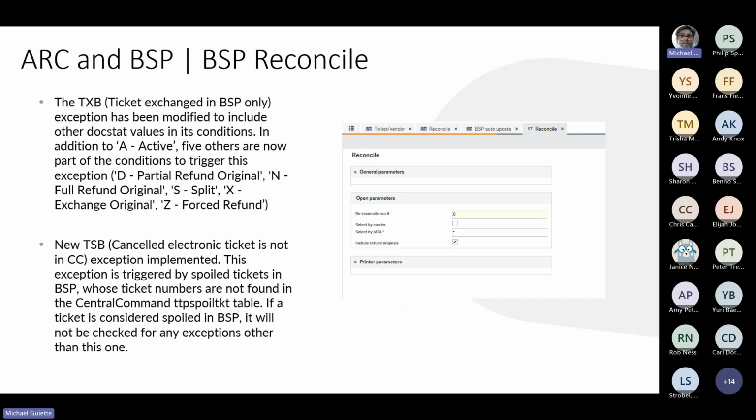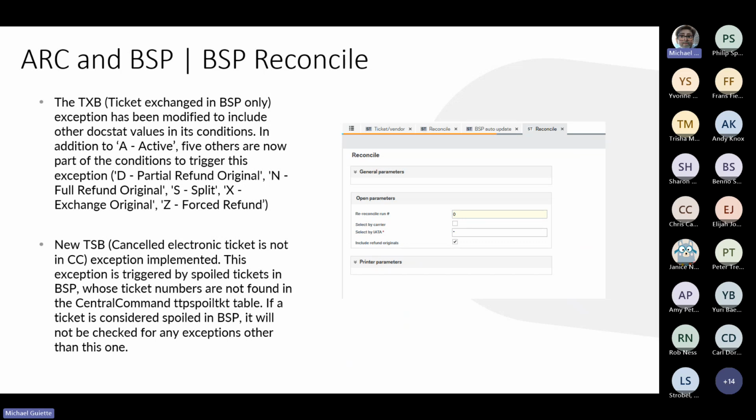So when you had the original ticket, the new ticket, and the exchange, the problem is that if the BSP ticket was exchanged in the same week, the reconciliation process was only looking for BSP tickets with a status of active to reconcile that original ticket to the BSP hot file.